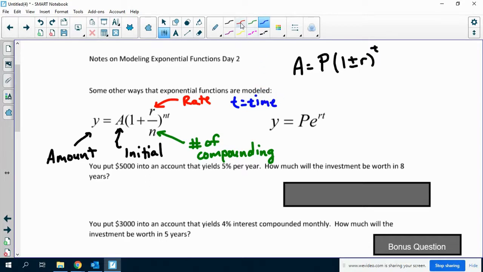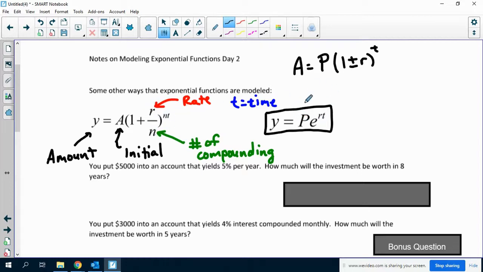Now there's one other case for this, and that is Y equals P e to the rt. That's what happens when N, the number of compoundings, goes off to infinity. That's one of the reasons why e is so amazing, because when you make N go to infinity, the fraction basically becomes zero because you have an infinity in the bottom, and then you're taking it to the infinity power, that basically turns into an e.